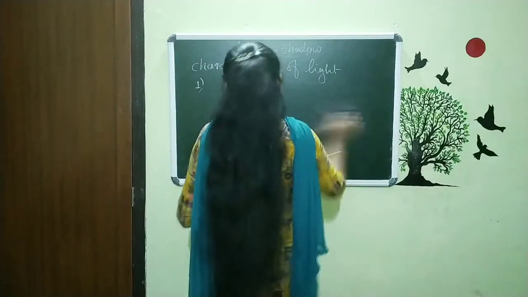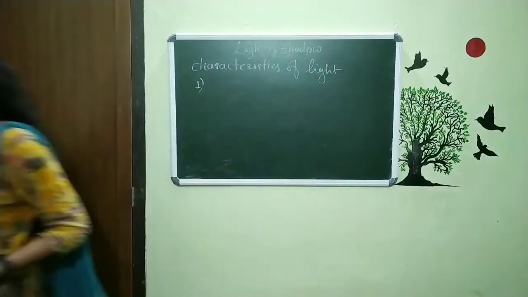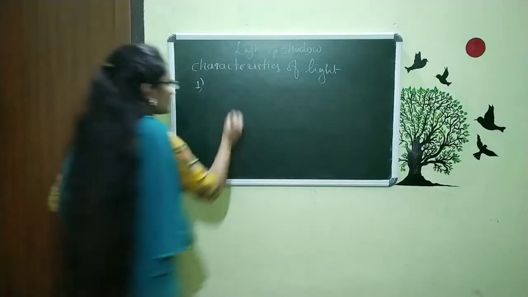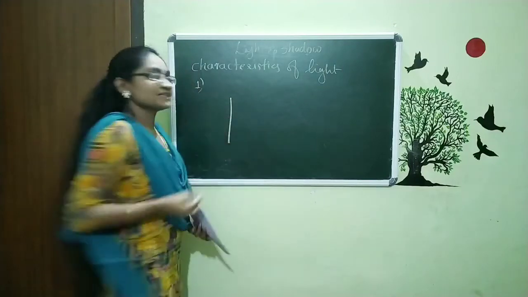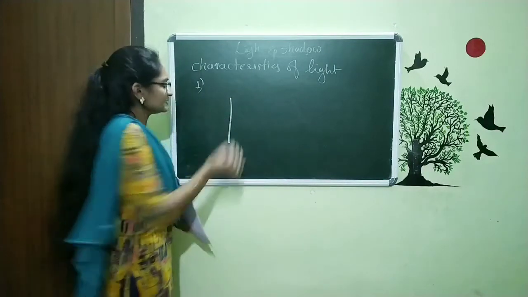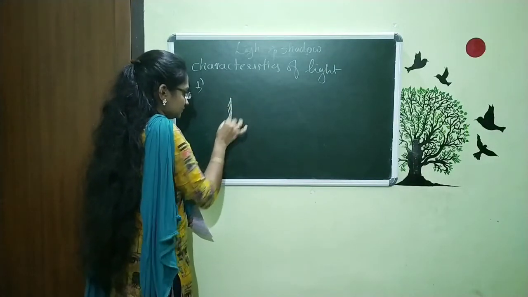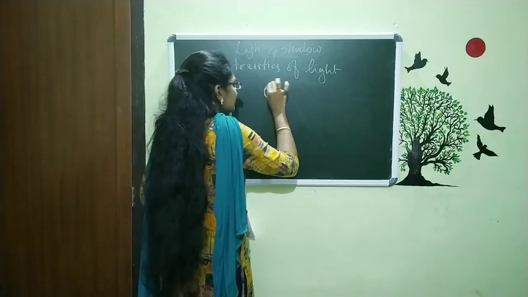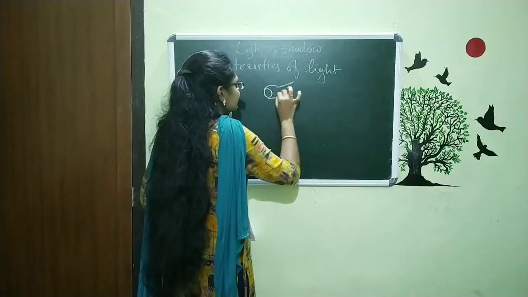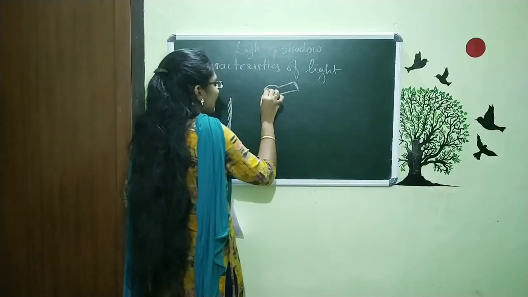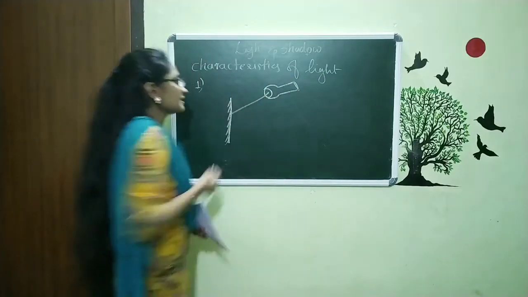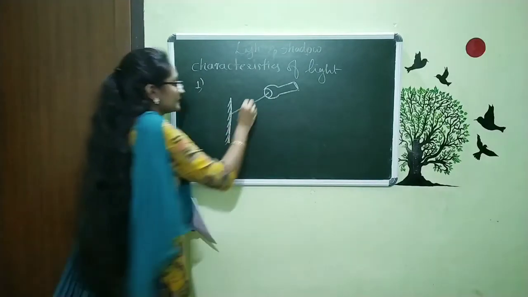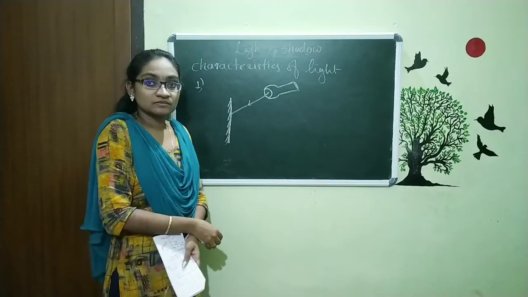Suppose this is one surface, one mirror. I am just putting one torch here and giving light to this mirror. What will happen here?